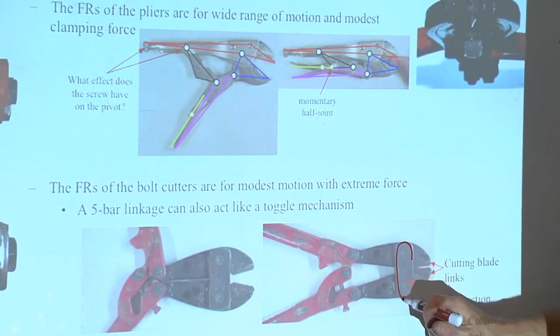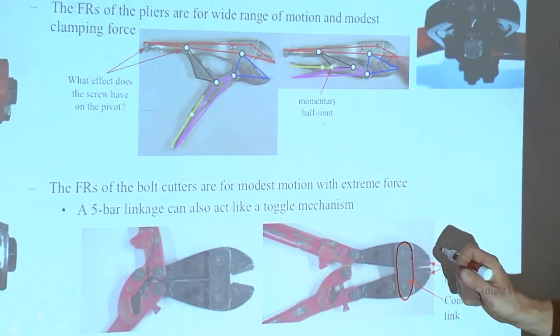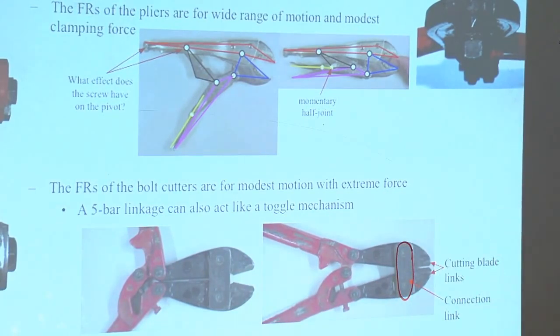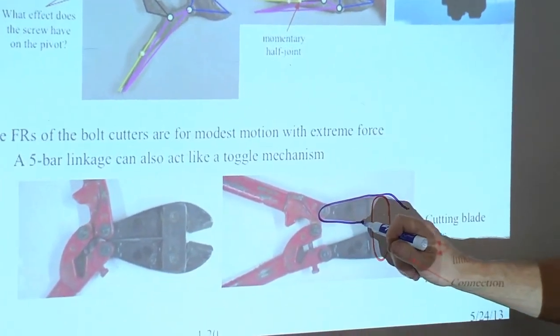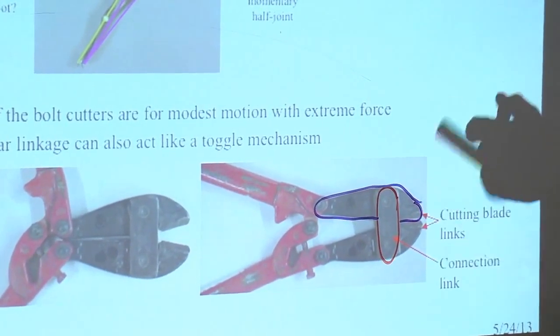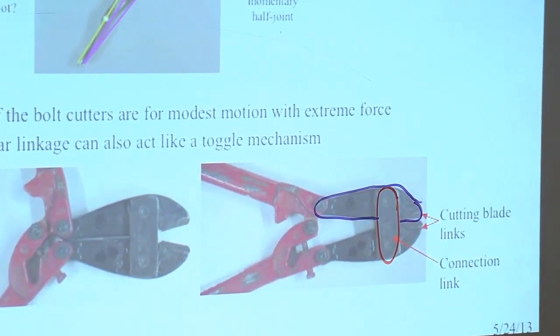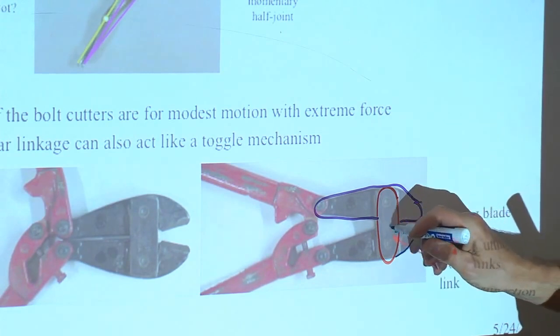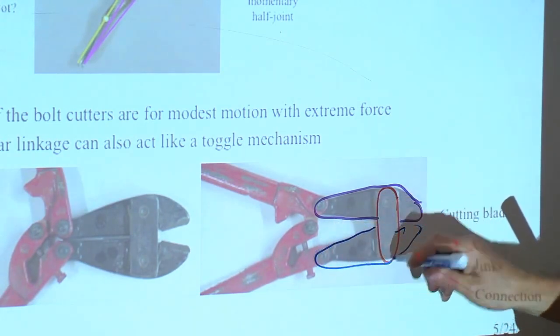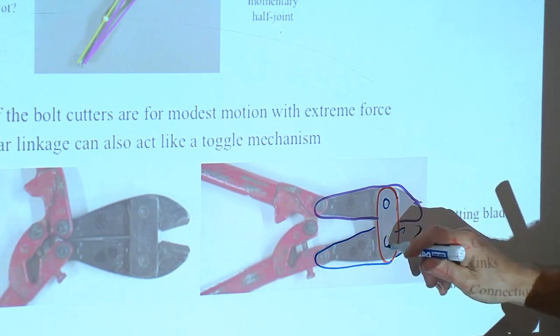Here's a link. That's one link. Here is another link. Here is the other half of the system, another link. We got pivots here and here.